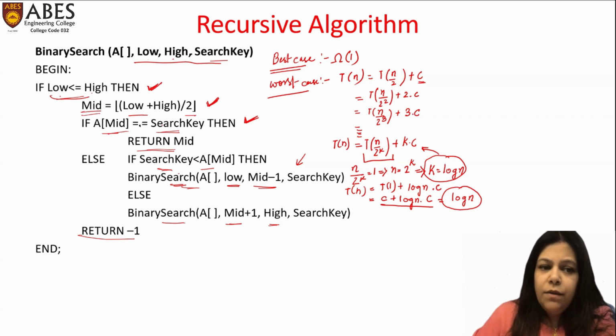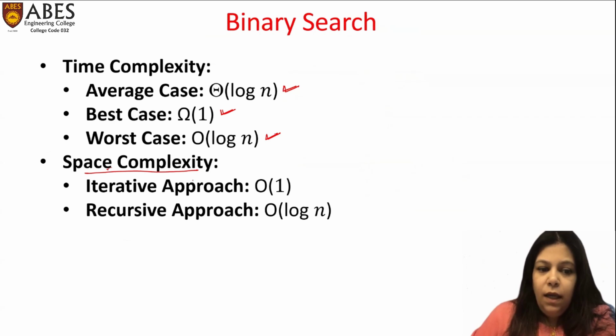And also in the recursive algorithm, we have taken low, high, and mid. But in case of iterative approach, the complexity remains O(1), while in the recursive approach, the complexity becomes O(log n). This is because of the call stack that is created in order to implement the recursive algorithms.